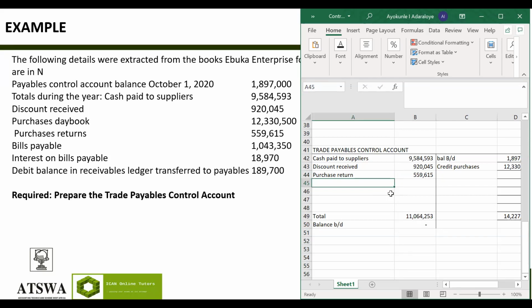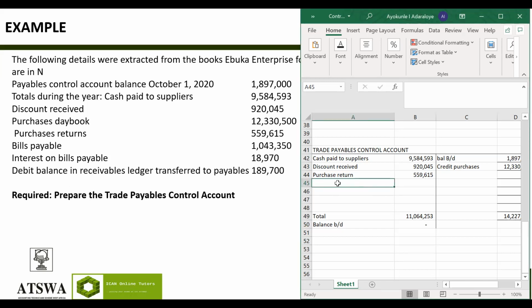Bills payable, does it reduce or does it increase our payables? It reduces it. So if it reduces it, where will it be?